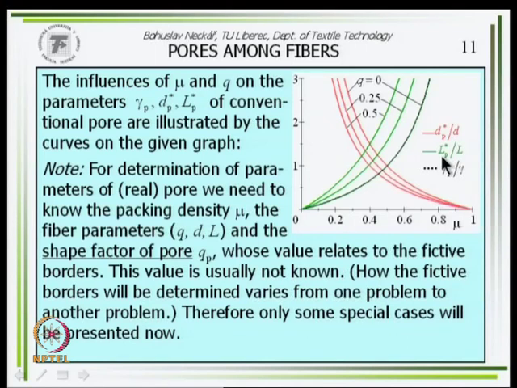How about total lengths? Here is the ratio of total length of conventional pores by total length of fibers, L, the green curves. For Q equals 0, the curve is increasing. What does it mean?